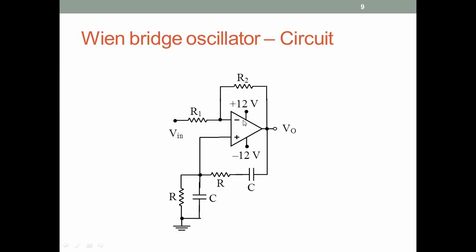So they used vacuum tubes as amplifiers here, but the circuit was the same. So it has R2 by R1, which is a negative feedback loop here. The Wien-Bridge also has a positive feedback which goes to the positive terminal.